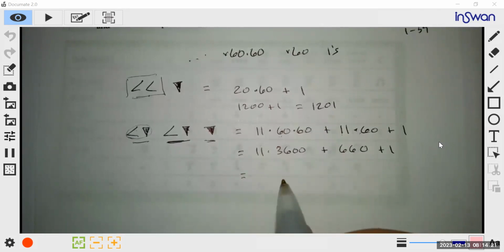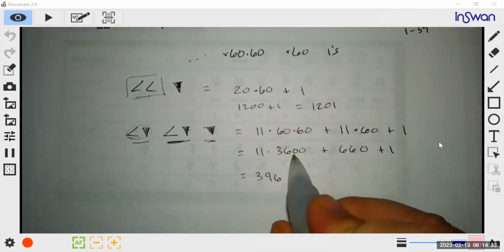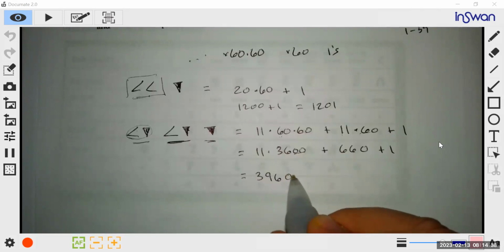Eleven times 36 is what? 396 with 2 zeros behind it.